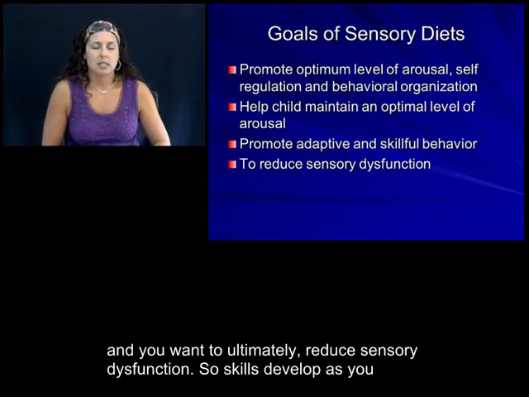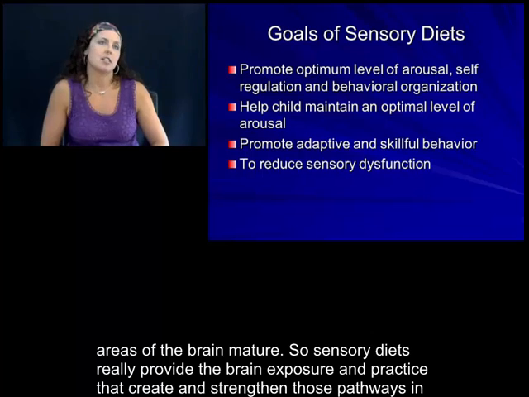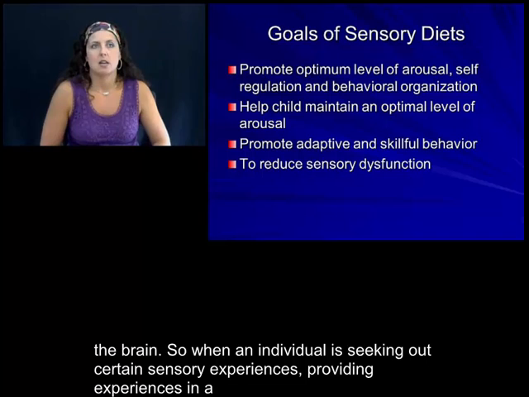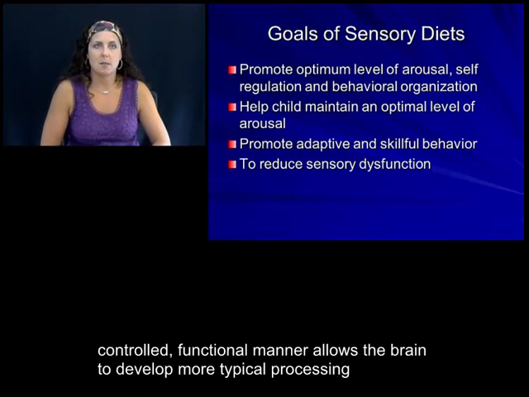Skills develop as you practice and as areas of the brain mature. So sensory diets provide the brain exposure and practice that create and strengthen those pathways in the brain. When an individual is seeking out certain sensory experiences, providing experiences in a controlled, functional manner allows the brain to develop more typical processing.